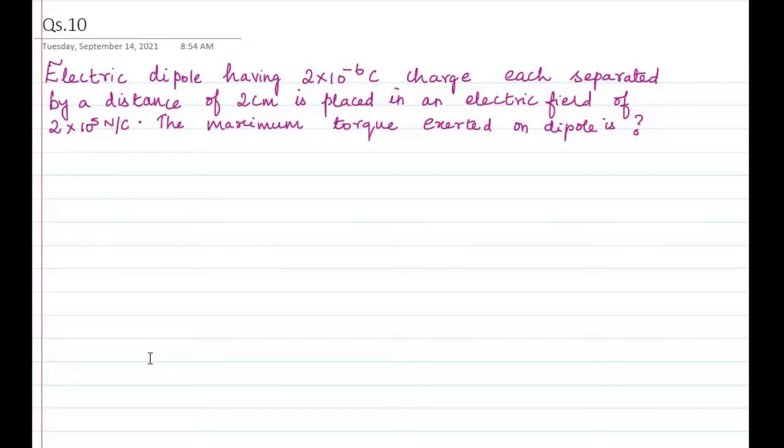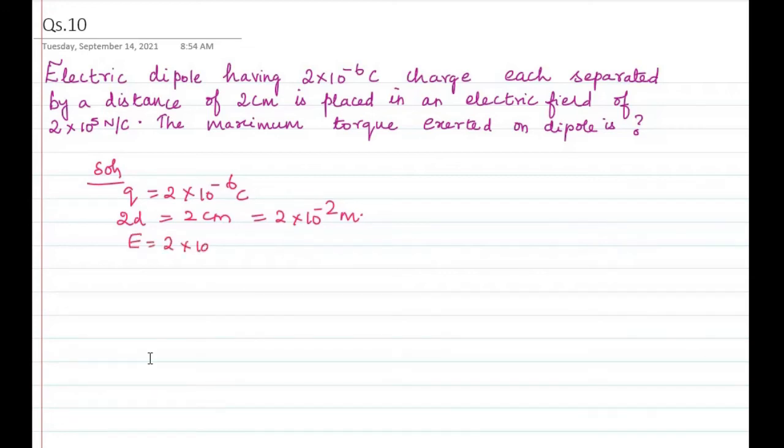So charges are given as 2 into 10 to the power of minus 6 coulomb, separated by a distance of 2 centimeter, which is equal to 2 into 10 to the power of minus 2 meter. It is placed in an electric field of value 2 into 10 to the power of 5 Newton per coulomb.